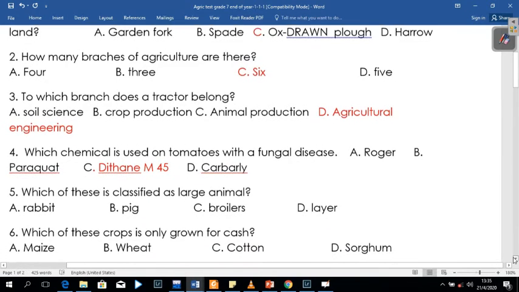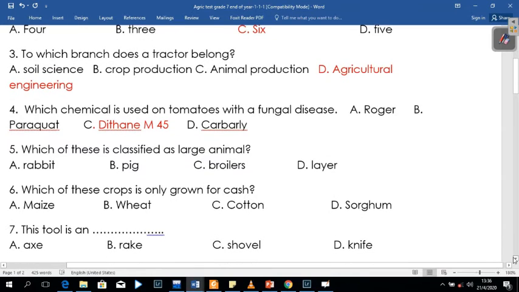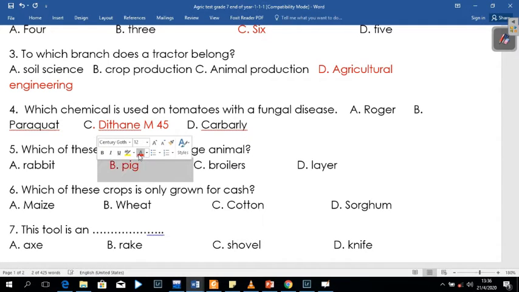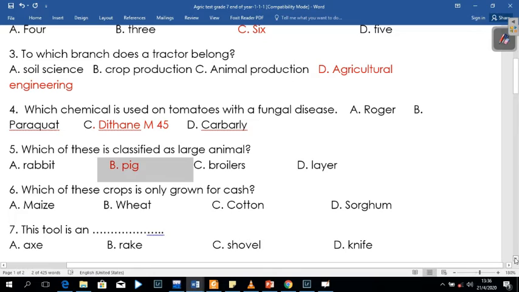Right. Number 5. Which of these is classified as large animals? This is easy. That will be pig, right? Yes. Then which of these crops is only grown for cash?